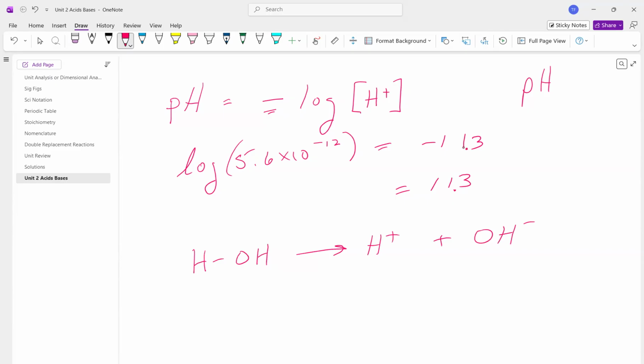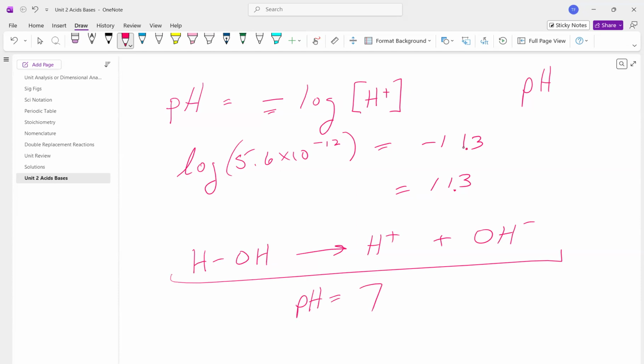These are both very, very small values, extremely weak, but it is an acid and a base. So the pH for this reaction is 7.